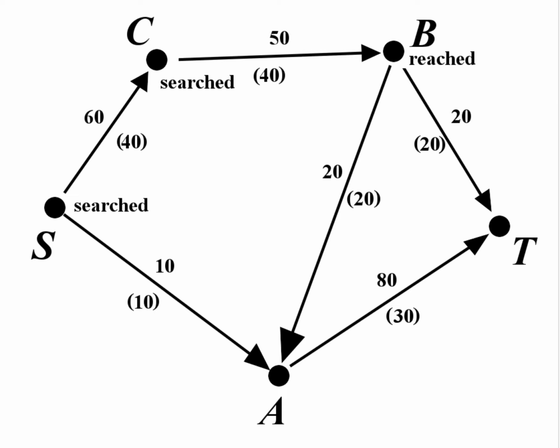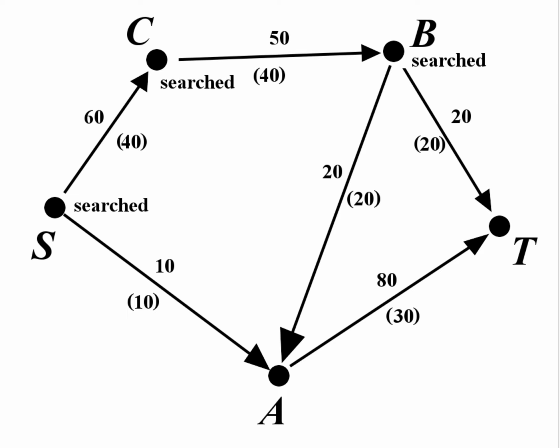And now we study the vertex B. B does not have any edge that would take us to unexplored territory and that has positive residual capacity. So B is just labeled searched. Now we have no more vertices that are reached, and that's where the algorithm ends.